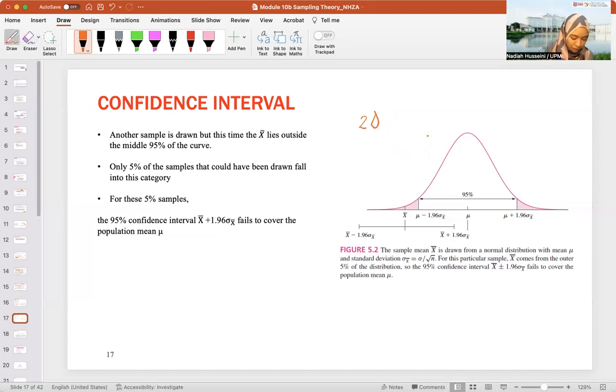0.05 times 20 is 1, so 1 time of this sampling would fall outside of the confidence interval, whereas the 19 times that the engineer samples from this population, it will fall within this confidence interval, and the value would be within the confidence interval of mu, which is good. So 19 versus 1, pretty good.